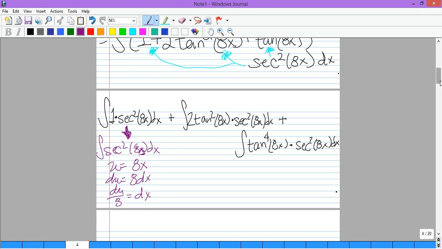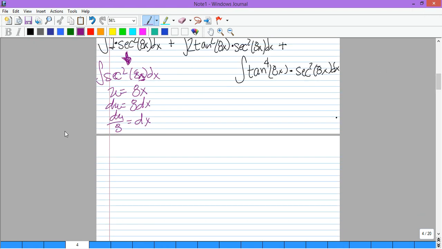So with that being said, I get a complete dx, and when I go to rewrite it, it's going to be a secant squared u times the du over 8. And then I can move the constant out.